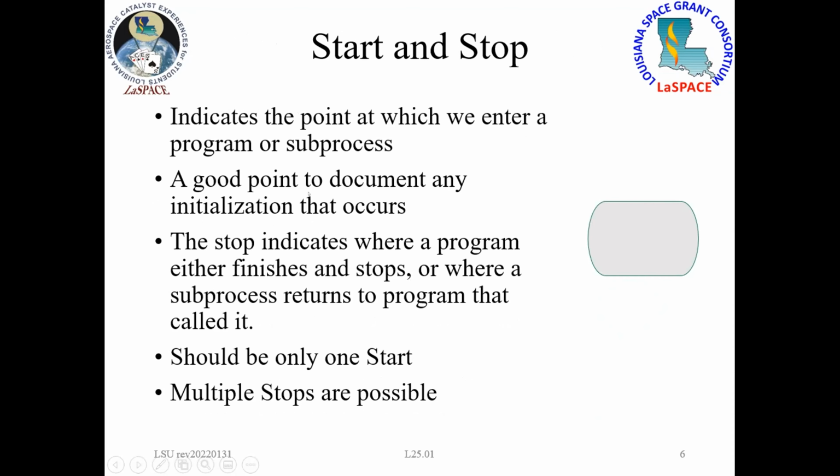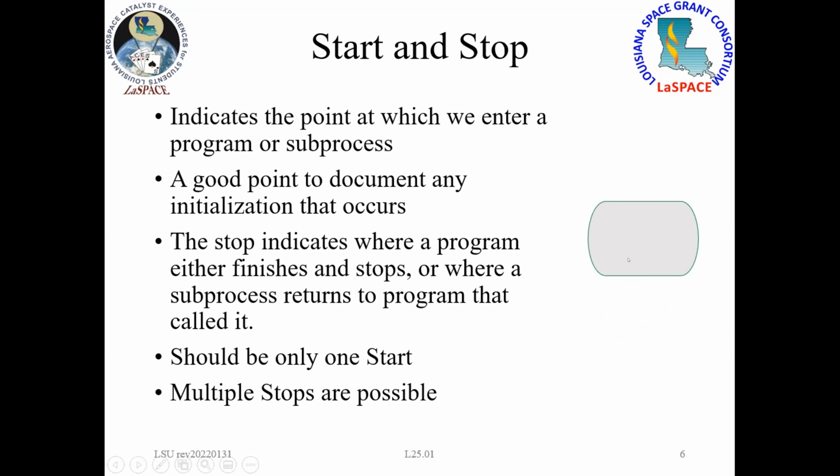So if we start with the start and stop, right? This is where you enter a program, but more importantly, it's where you also enter a sub-process, right? If I have a sub-process, which is like a function that I'm calling in my code, I want to show where that starts.